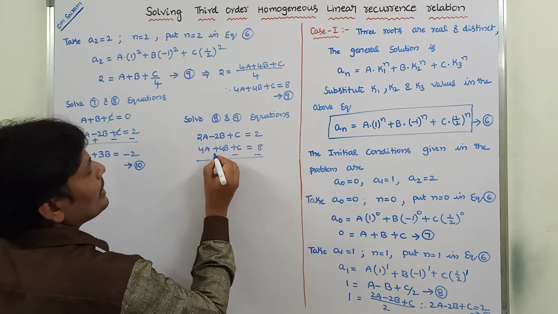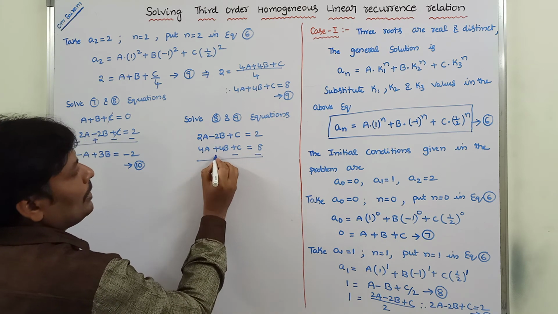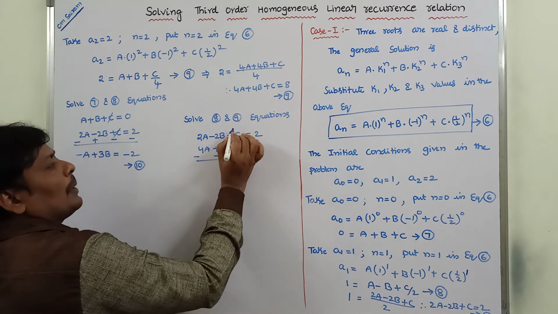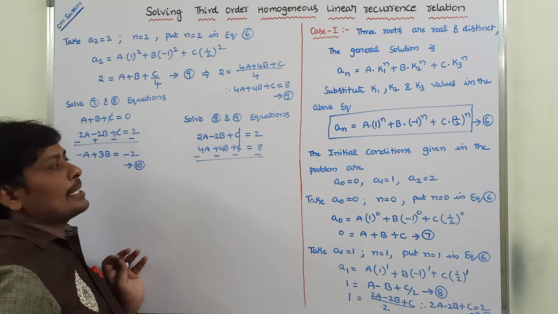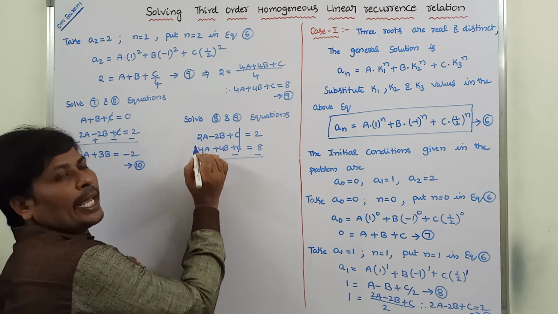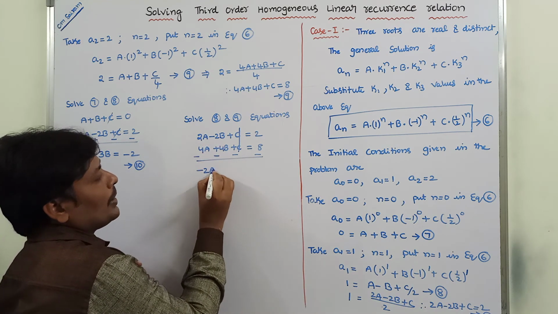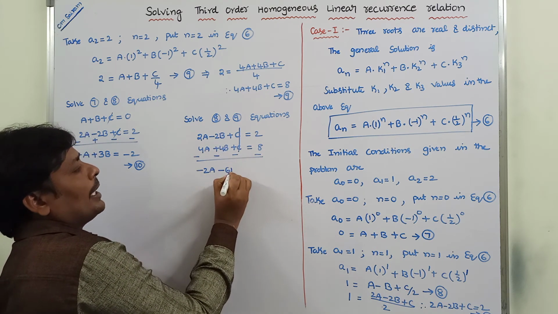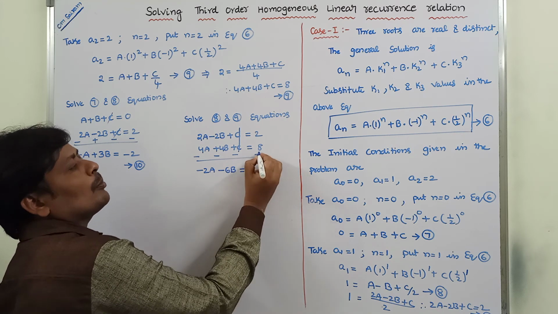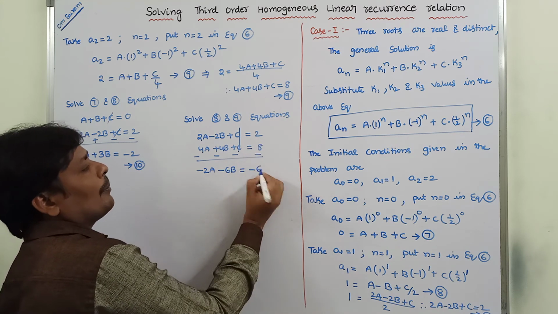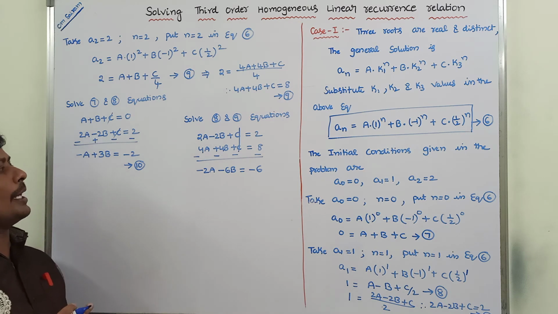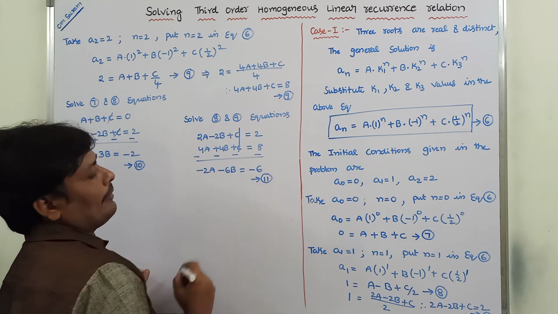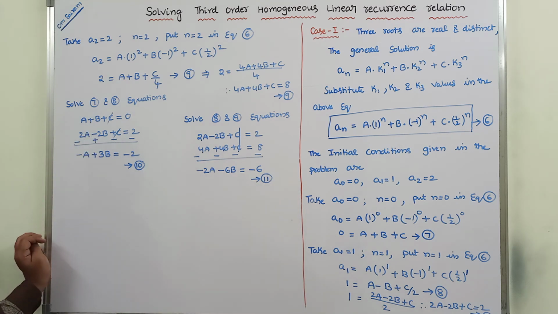Okay. Minus, here minus, here minus. Okay. So here plus C minus C both are cancelled. So now minus 4A plus 2A, that is minus 2A. Okay. Minus 2B minus 4B, that is minus 6B is equal to minus 8 plus 2, that is minus 6. Okay. Now this is equation 11.